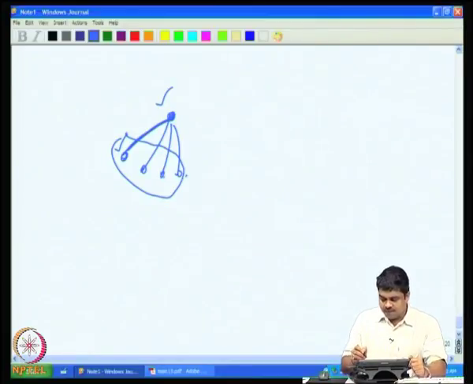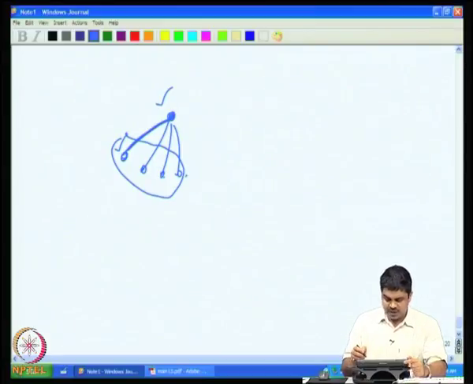So, when we do this procedure, we notice that all the time when I pick up a new vertex, I will be seeing only at most delta neighbors, therefore, the delta plus 1 color is available for this vertex.